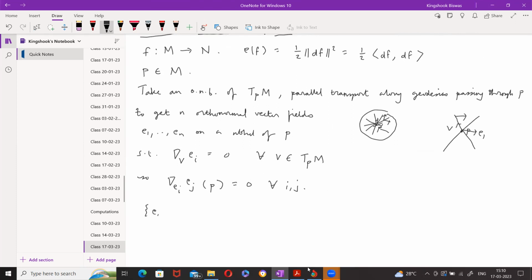These are very useful in our computations, and we'll always be using these. We can always choose a local orthonormal frame so that the covariant derivatives vanish at a given point p.